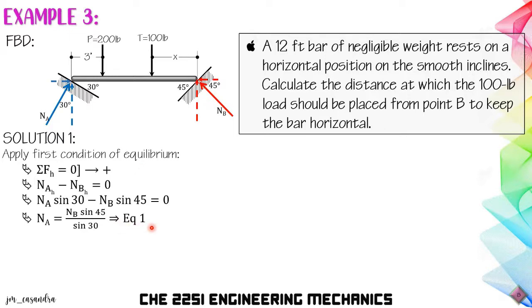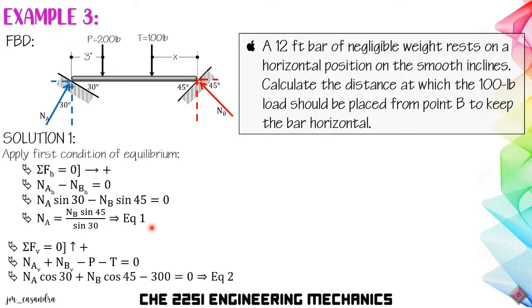We take our second equation from the summation of forces vertical equal to 0. So upwards positive. So we will have NA vertical plus NB vertical minus P minus T. And that will be equal to NA cosine of 30 plus NB cosine of 45 minus 300.